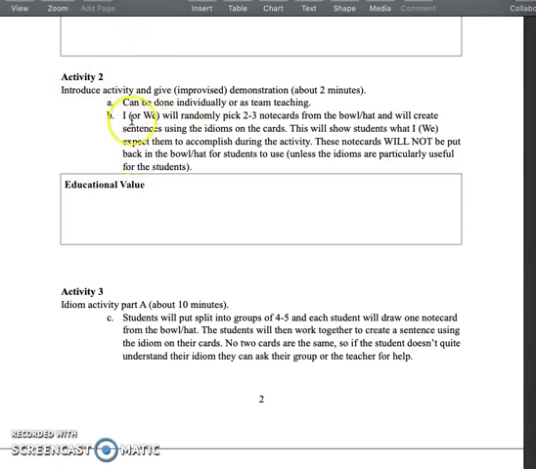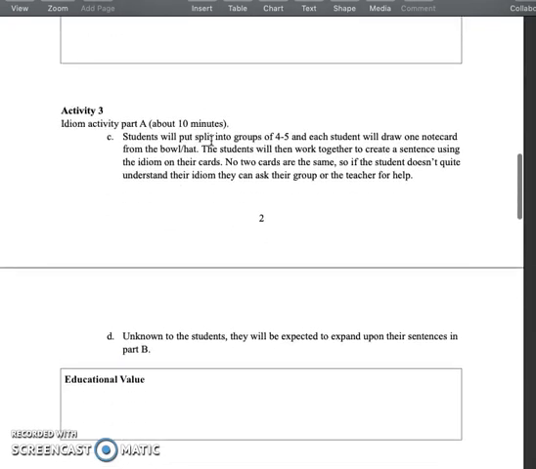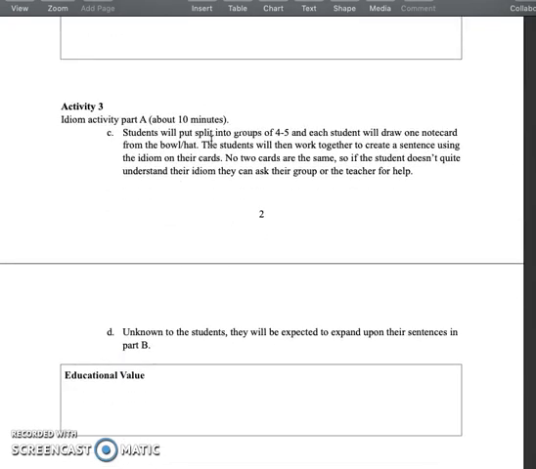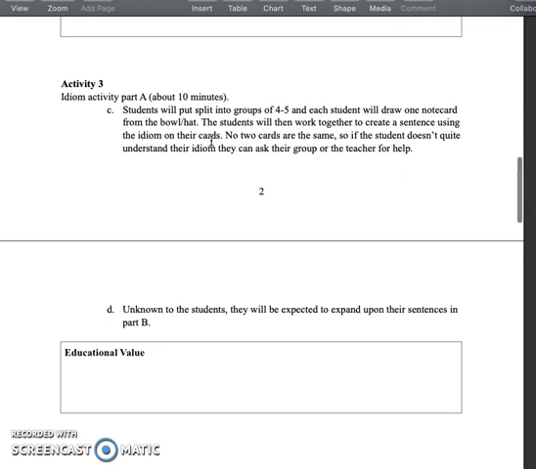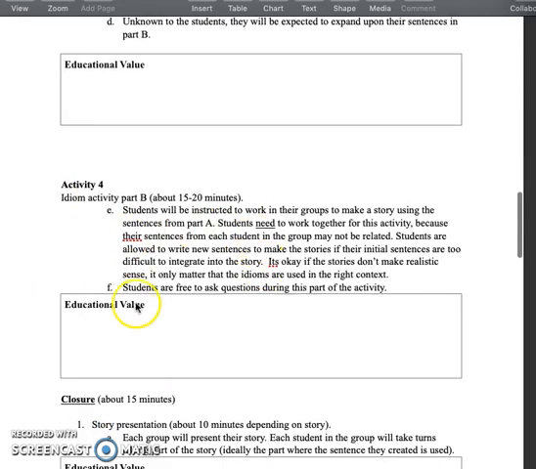That activity follows the PPP. Otherwise, I think that most of this follows the ESA format. They engage each other. They study the idioms, and then they activate by actually using what they have learned in the fourth activity.